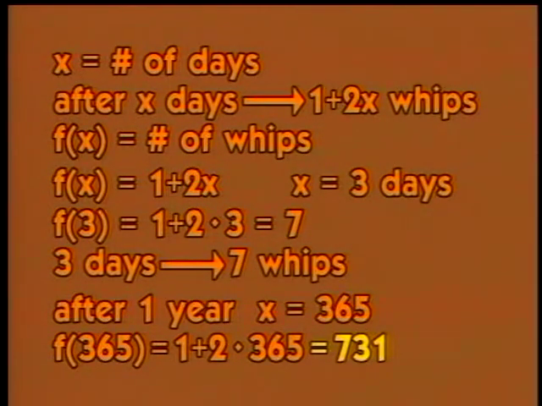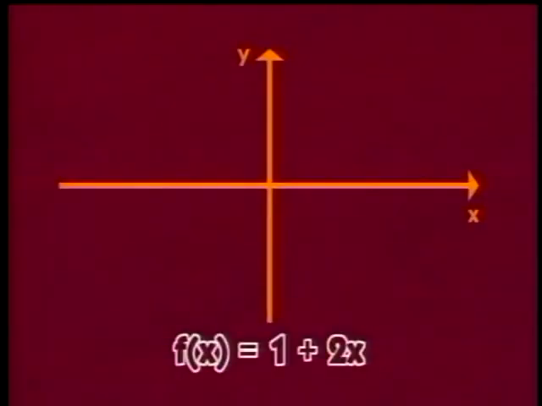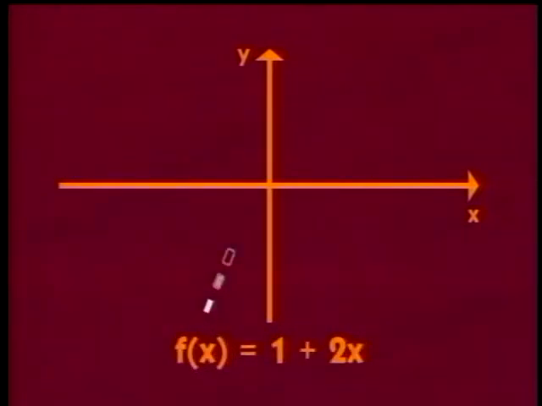So in a year, Simon will have 731 whips, assuming he doesn't sell any, which, based upon current whip trends, seems pretty likely. As we said, all functions can be graphed. By plotting all of the x and y values of Simon's function, we can see that it looks like this.